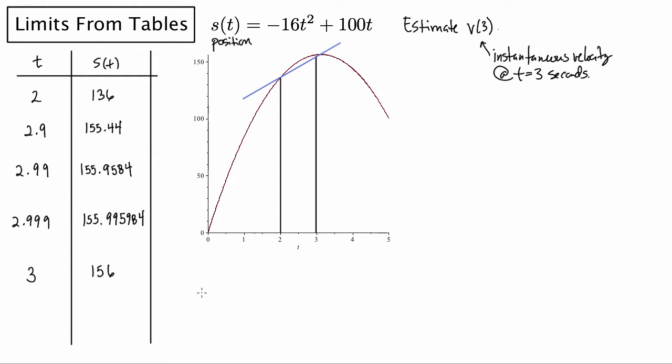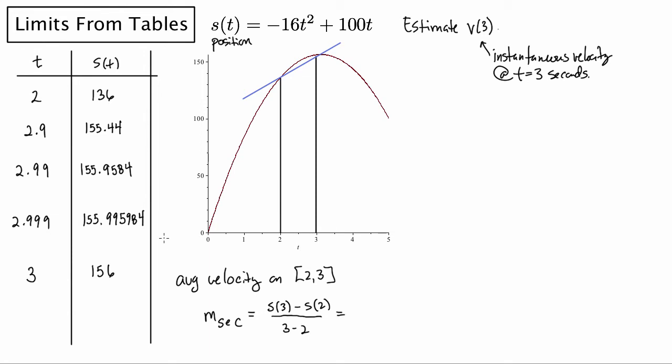So remember that this would be the average velocity on the interval from 2 to 3. So the average velocity is defined in terms of the slope of the secant, and the slope of the secant line is the function value, which is the position function here. The function value at 3 minus the function value at 2 over 3 minus 2.